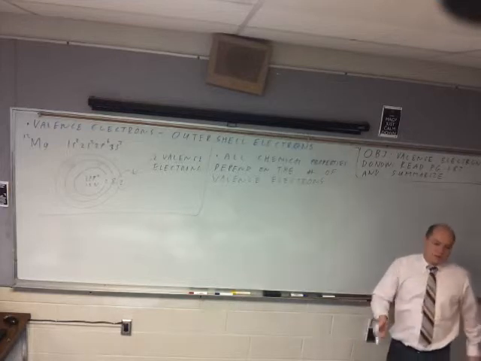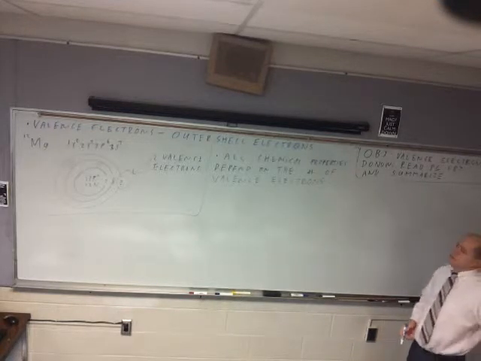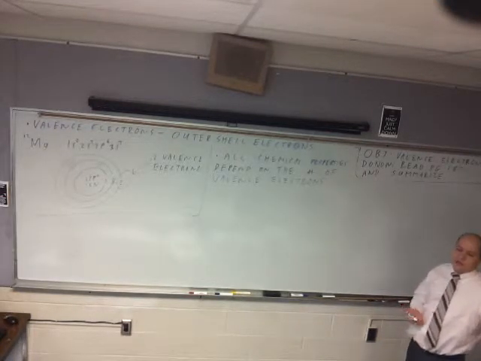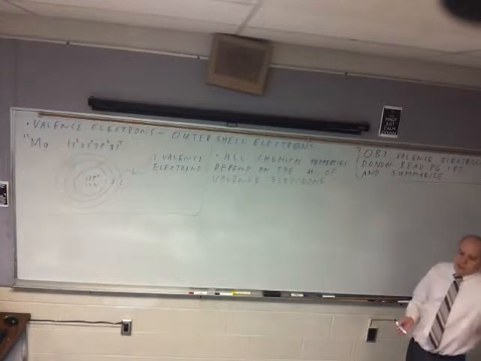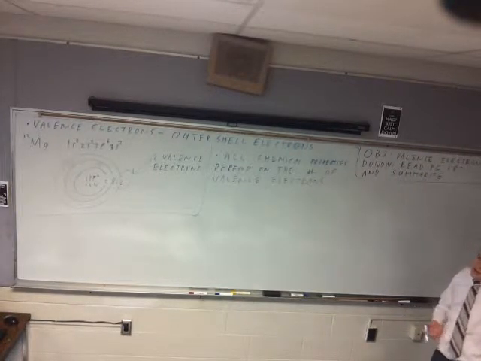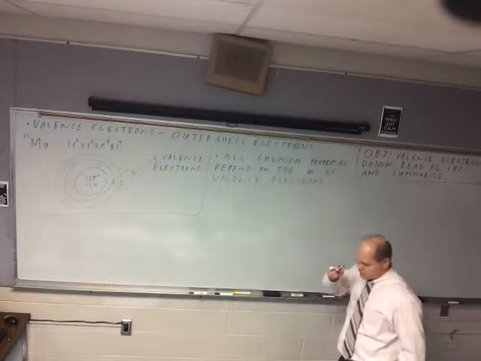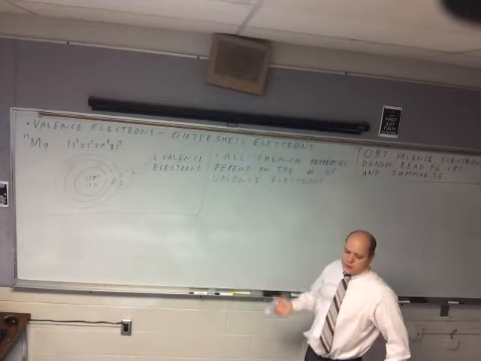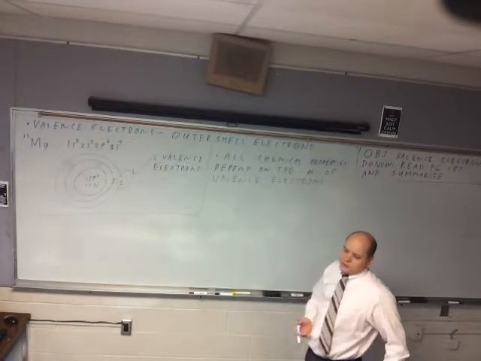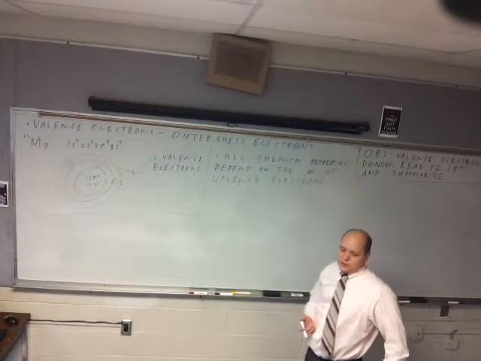If I say what something reacts with and how it reacts, most of that depends on how many valence electrons an atom of that element has. So in a way, everything I taught you, atoms, neutrons, protons, electrons, all this stuff has really been leading up to you knowing how many valence electrons are in each atom.